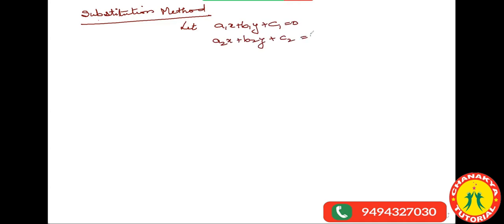Okay, see children. Your next method is the substitution method, in which you have to solve a pair of linear equations. So let a1x plus b1y plus c1 is equal to 0 and a2x plus b2y plus c2 is equal to 0 be two linear equations.